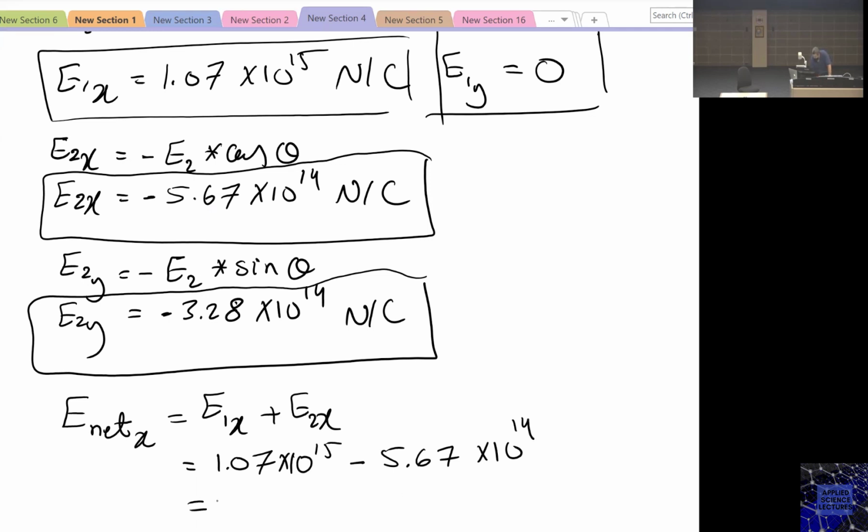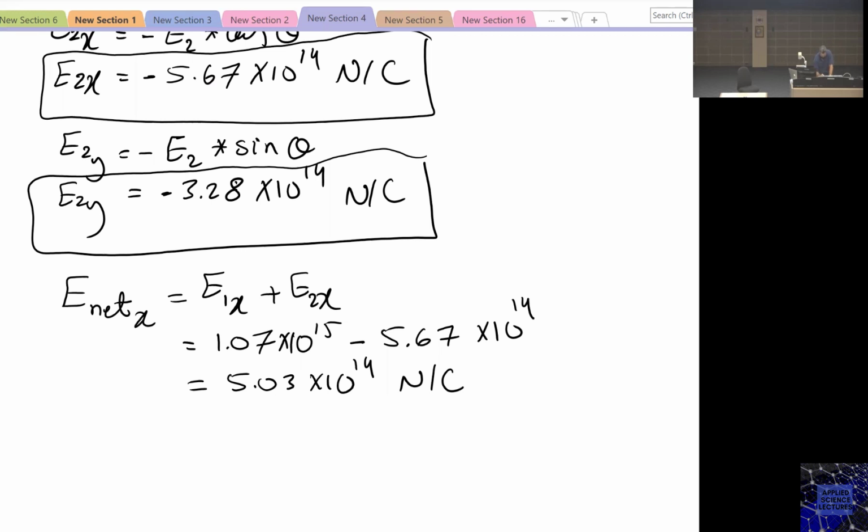And the answer is 5.03 10 to the power 14 newtons per coulomb. So the net x component is pointing in the positive direction, right? Okay, so E net x component.